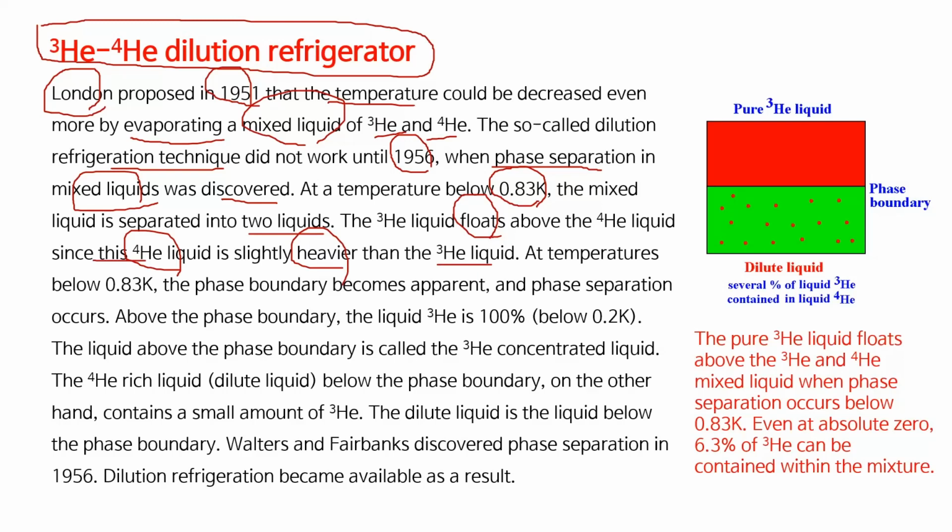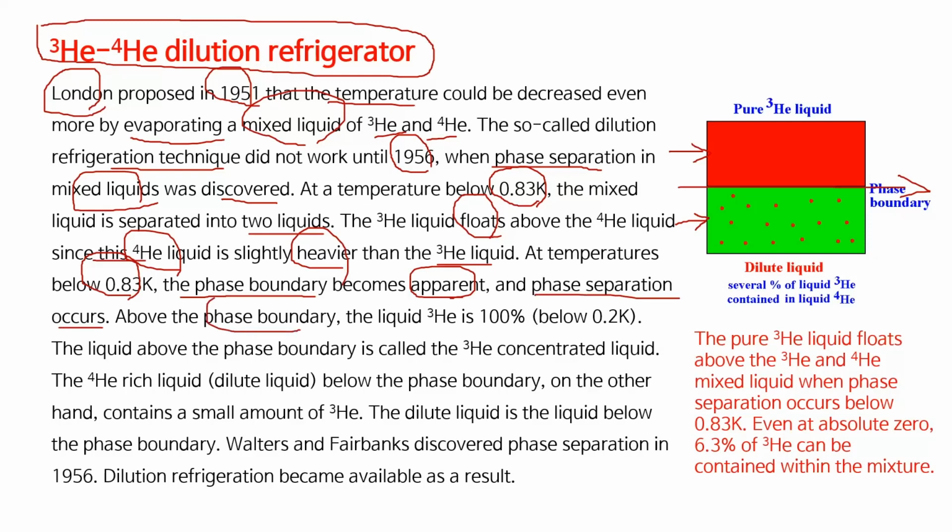So helium-3 liquid flows above the helium-4 rich liquid, because helium-4 liquid is slightly heavier than helium-3 liquid. At temperatures below 0.83 Kelvin, the phase boundary becomes apparent, and phase separation occurs.